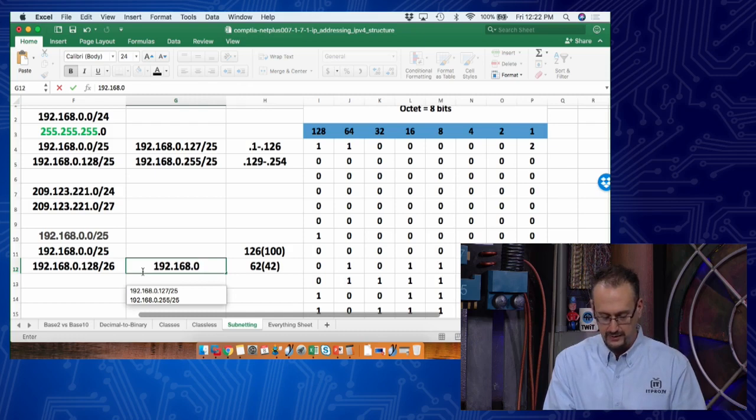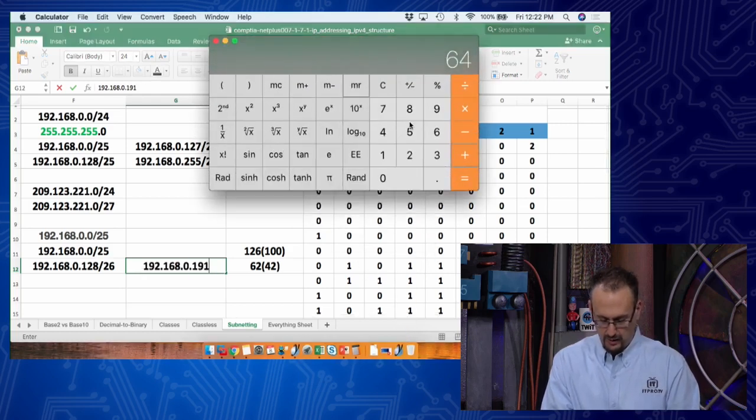192.168.0.191. All right, 191, and let me see with my calculator. 128 plus 64 equals 192.